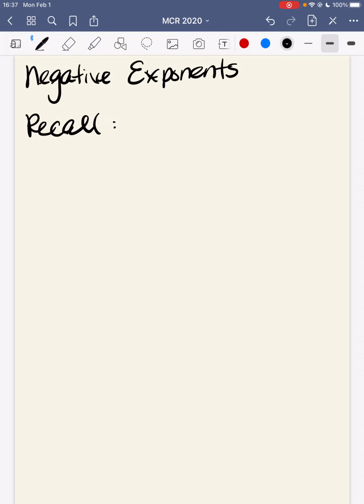Okay, so today we're going to go ahead and revisit the idea of negative exponents. So recall our rules of negative exponents that we talked about a couple weeks ago. If I have some a to a negative exponent n, what this translates into is putting the a basically in the denominator of a fraction and making the exponent positive.